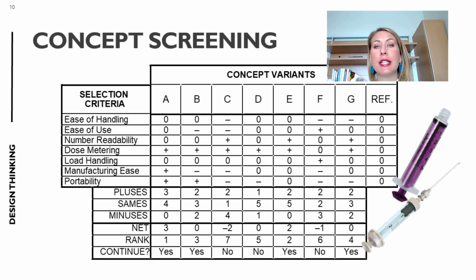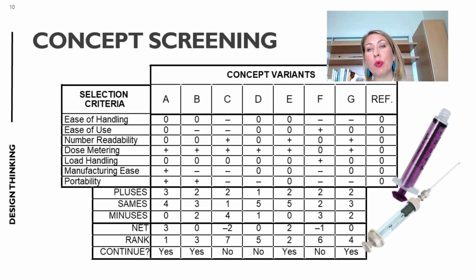Okay, next you're going to consider each concept variant and determine if it's better than the reference concept, worse than the reference concept, or the same as the reference concept, with a plus sign, a negative sign, or 0. The reason for doing this is it really allows the team to move quickly, and we're not getting hung up on specifics.